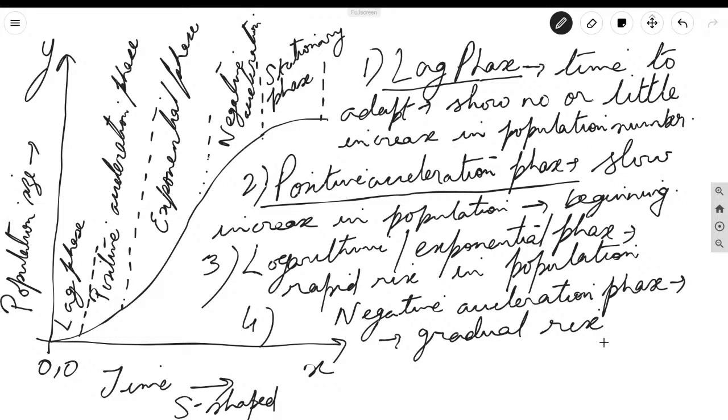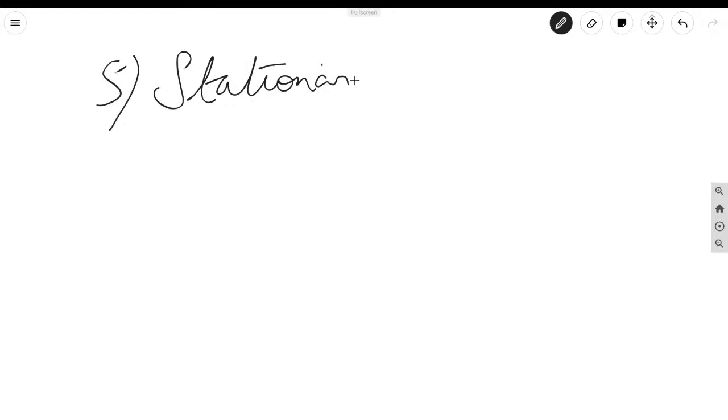Okay, then we reach the stationary or plateau phase. In the end, we reach the stationary or plateau phase. So last is the stationary slash plateau phase.